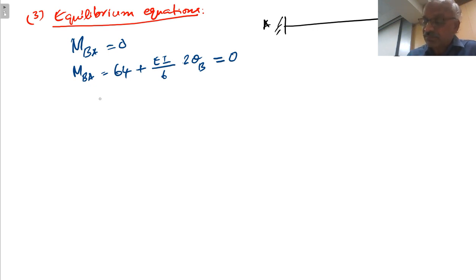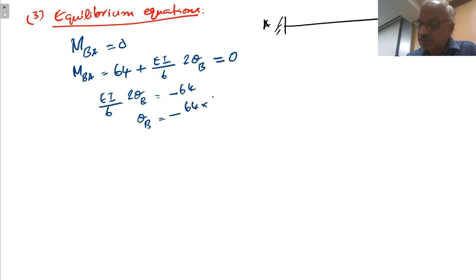Therefore, EI by 6 into 2 theta B equal to minus 64, or theta B equal to minus 64 into 6 by 2 EI.